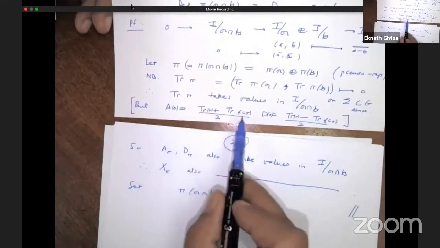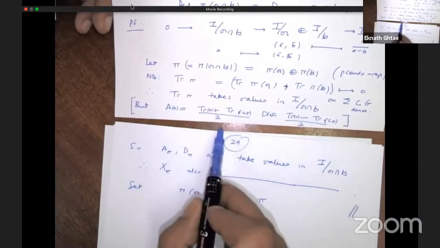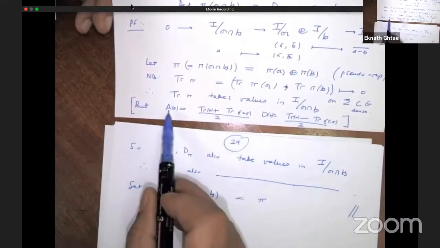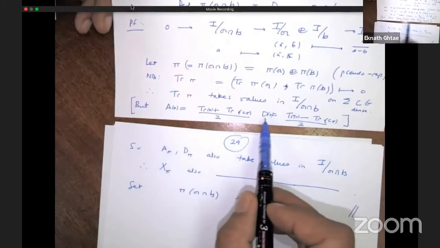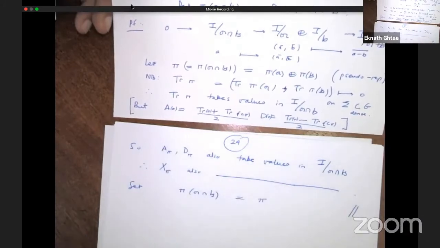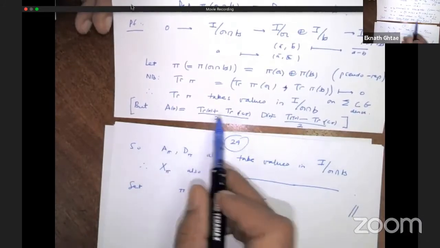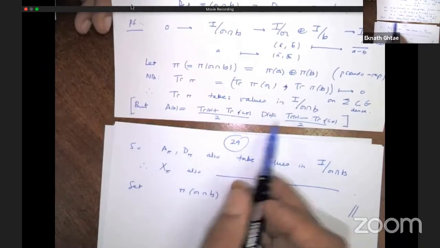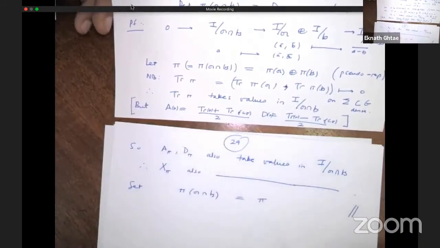Because this is like A plus D and this is like A minus D, so the D's cancel and divide by 2. So you can recover A from the trace, and similarly you can recover D from the trace. That's all I'm saying. So as soon as you know that the trace is taking values in some ring, then immediately the A and D functions also take values in that ring.